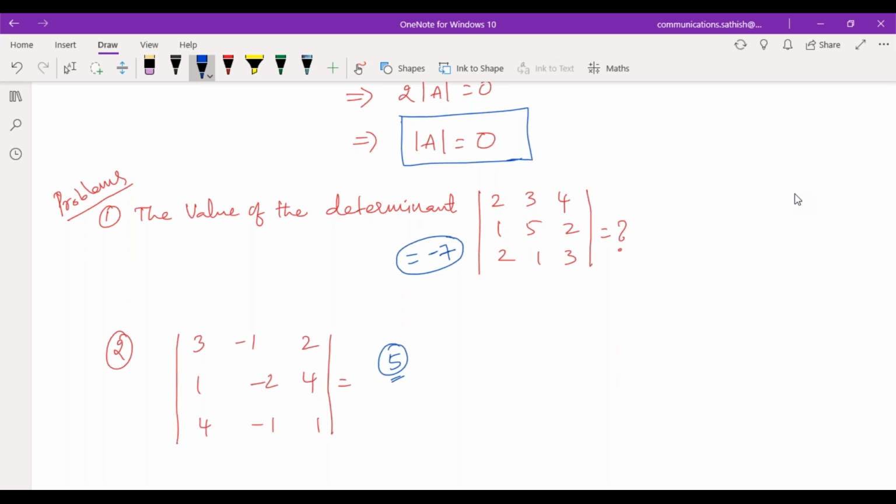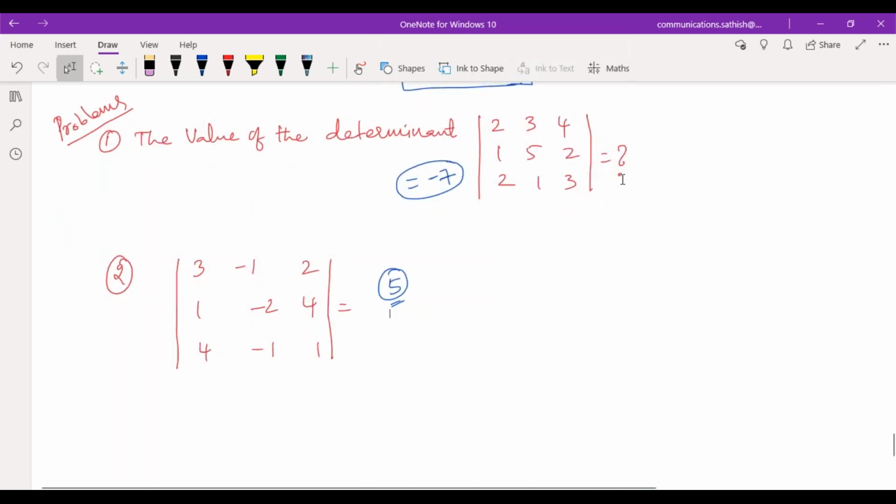Second one 5, sir, first one minus 7. Yes, the second one you will get as 5. For this I have already given you the different criteria and methods. You can follow that.